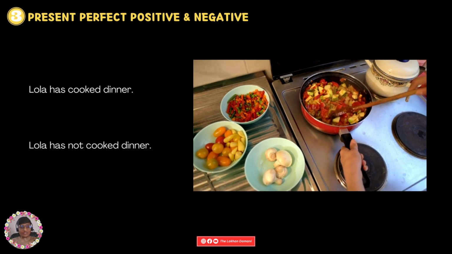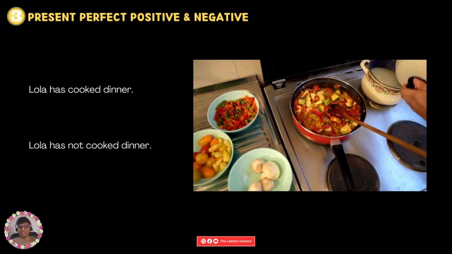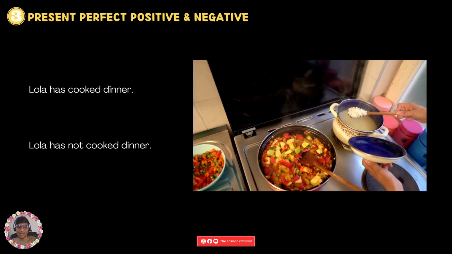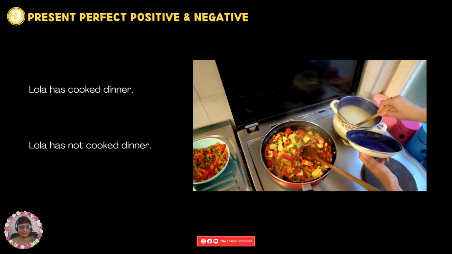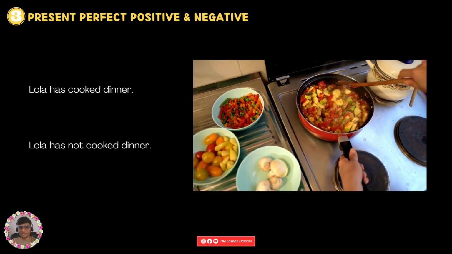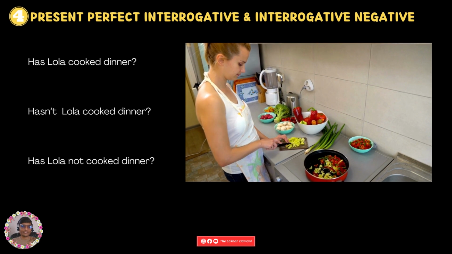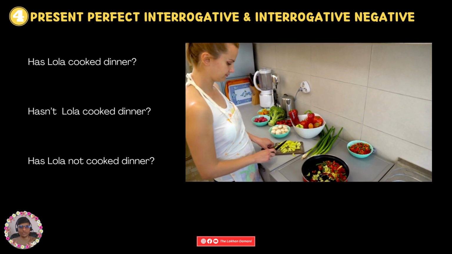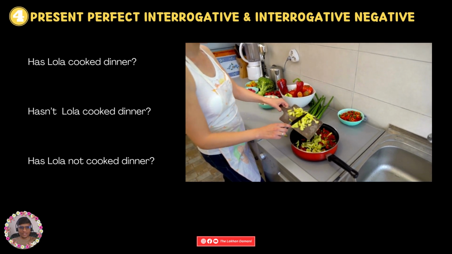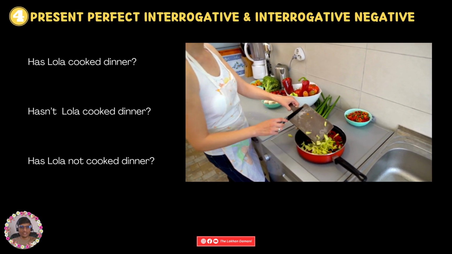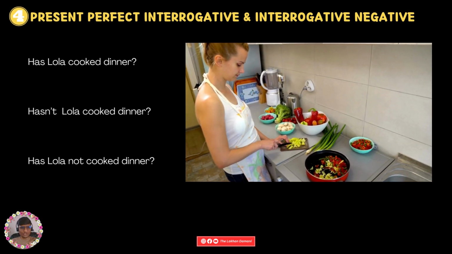It can be the first definition because she has finished just now, but it's still in its impact. They have some impact in this current present. Okay, Lola has not cooked is a negative. Here we have a present perfect interrogative and interrogative negative. One is just asking a question, for example, has Lola cooked dinner?